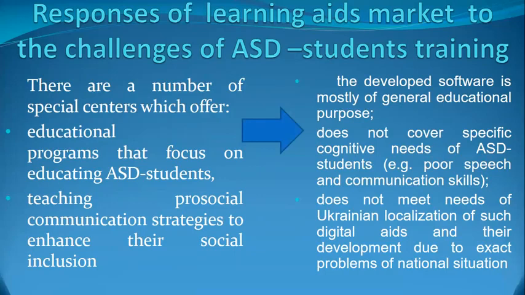However, it is also pointed out in the papers that the developed software is mostly of general educational purpose and does not cover specific cognitive needs of ASD students, one of which is poor speech and communication skills, which complicates the students' social adaptation.